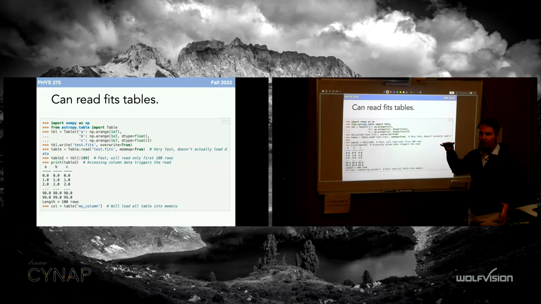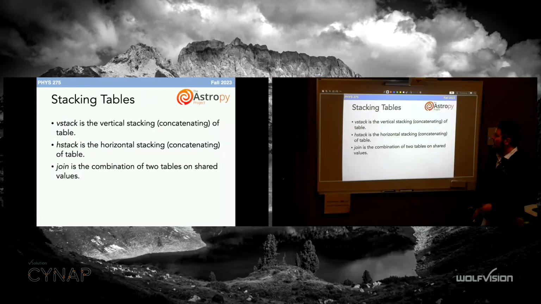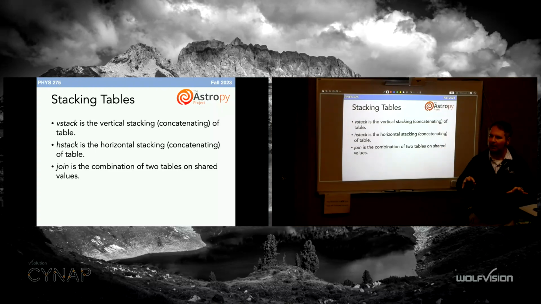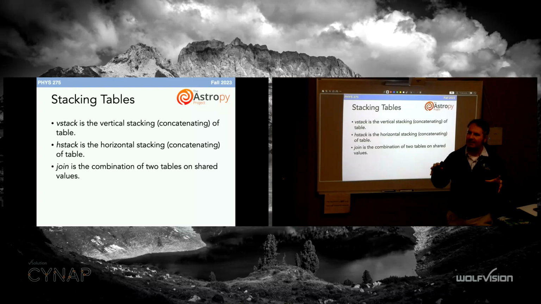This is very true for a lot of pandas packages. All right. For example, you can stack tables. Vertical stack is essentially concatenating, a term I'm using on purpose because if you've ever used a command line, concat is a command line thing where I have file A and I'm literally gluing file B at the bottom. So table A and table B better have the same columns, otherwise I'm ending up with Frankentable.